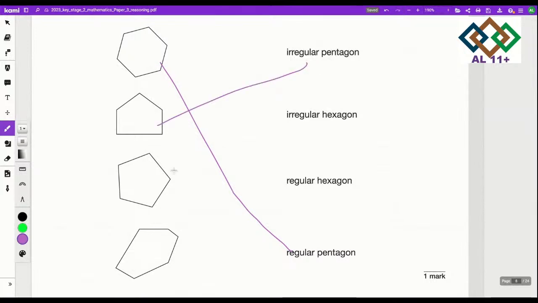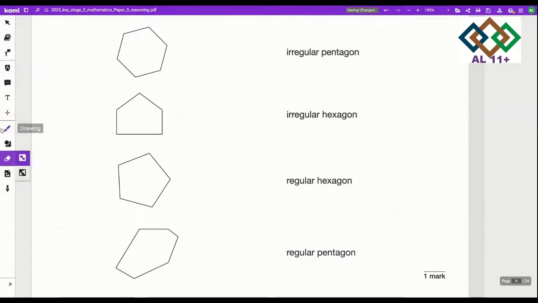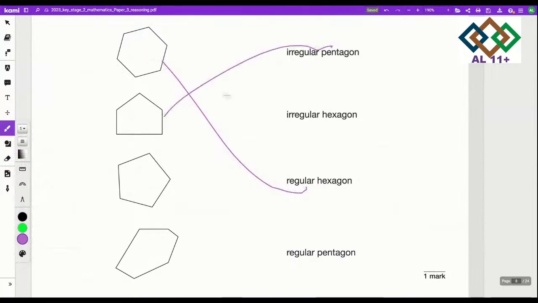And the third shape is also a, I think so, I did something wrong. Wait. I'll tell you what I did wrong. The first one is a regular hexagon. It goes here. The second one was right. That's an irregular one.